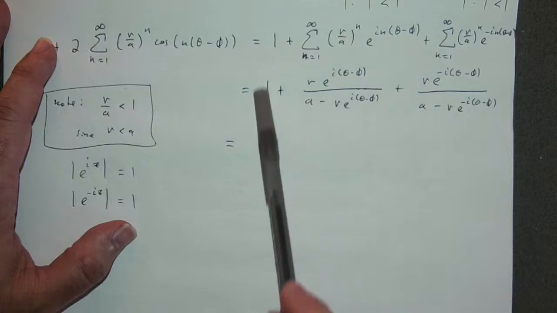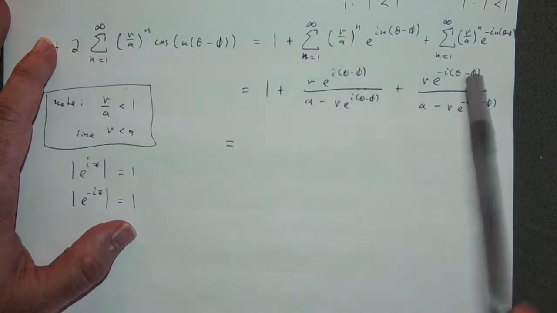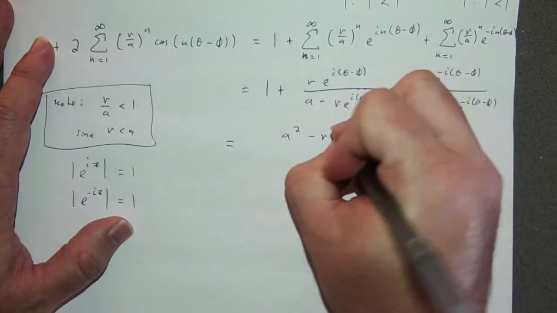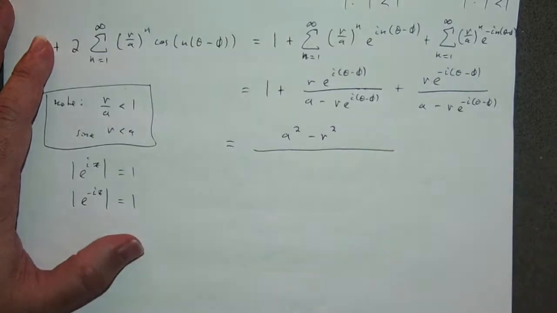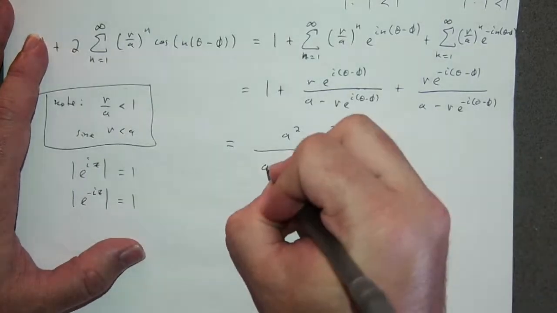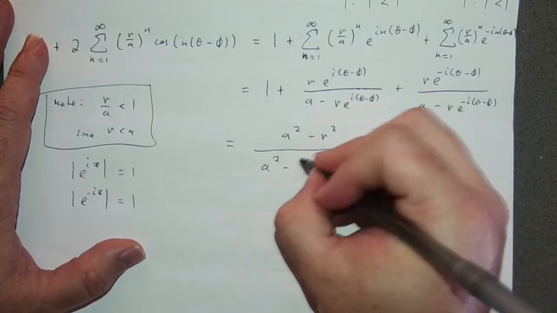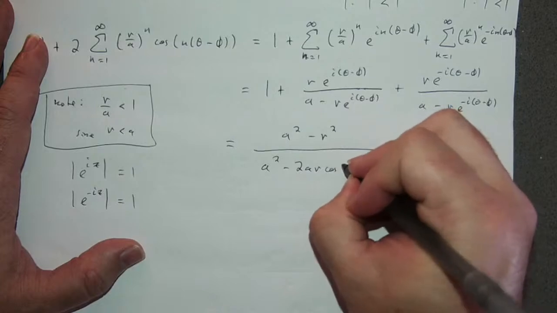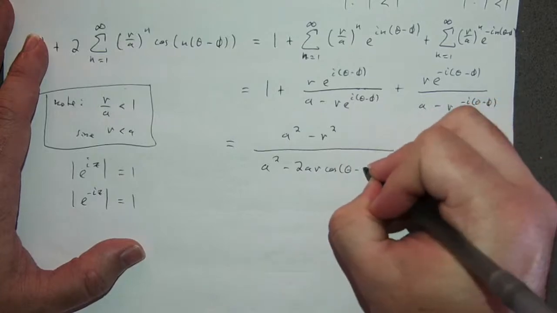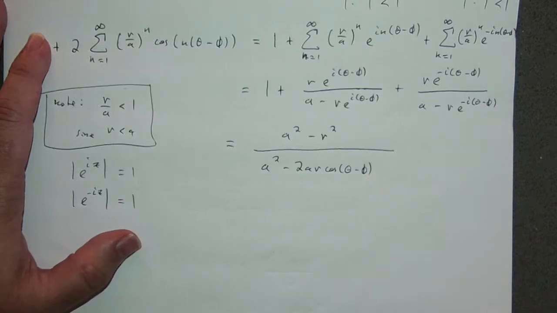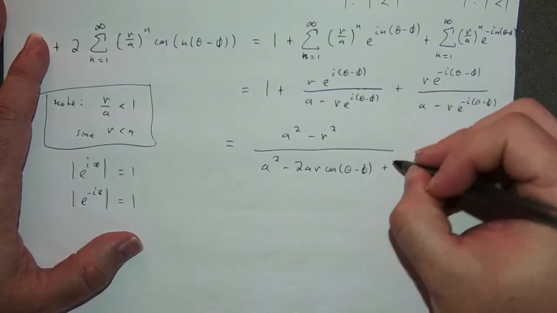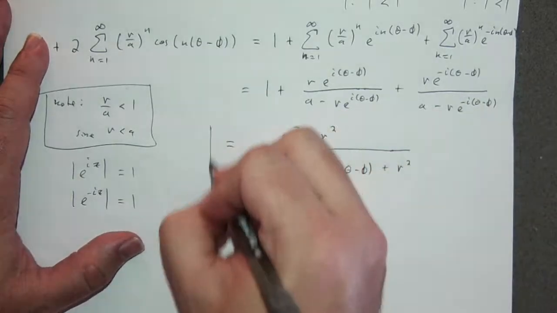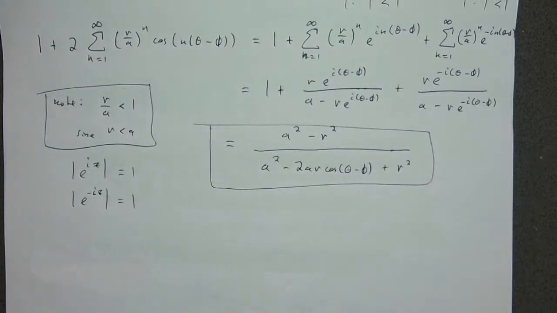And so doing some algebra here, I get that this is a squared minus r squared in the numerator divided by a squared minus 2ar cosine of (theta minus phi) plus r squared.